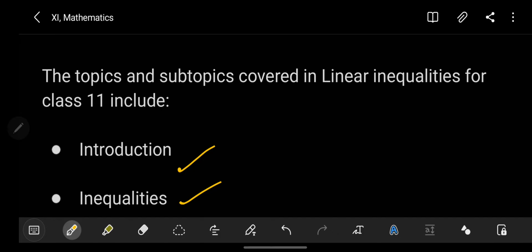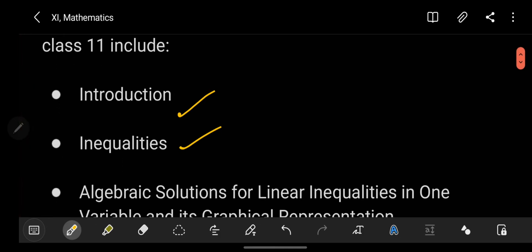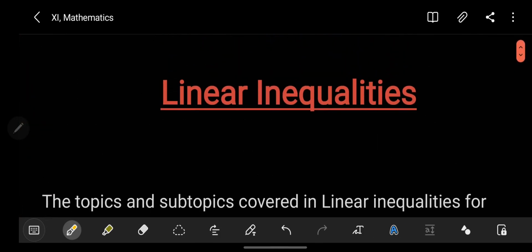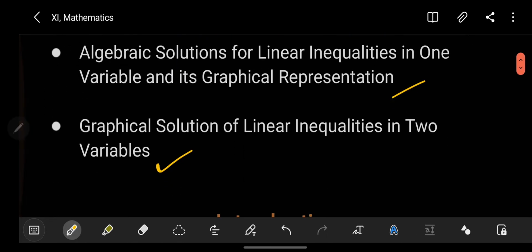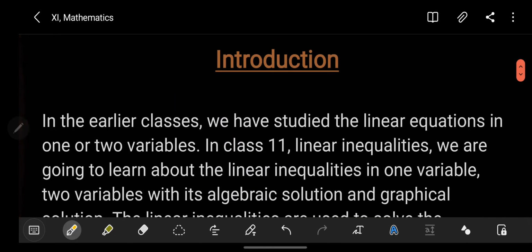In your previous classes, you have learnt about linear equations. What is the meaning of linear and what is the meaning of equations? I hope you all know very clearly the definition of these two terms. And in this class, we'll learn about inequalities. What were the limitations in your previous classes? That will be covered in class 11th.